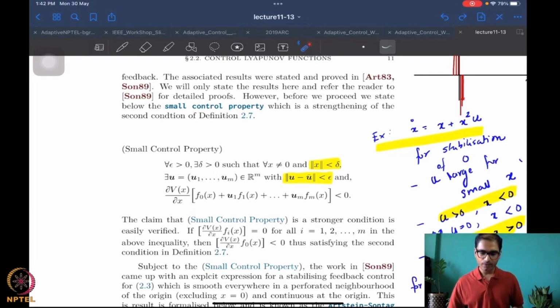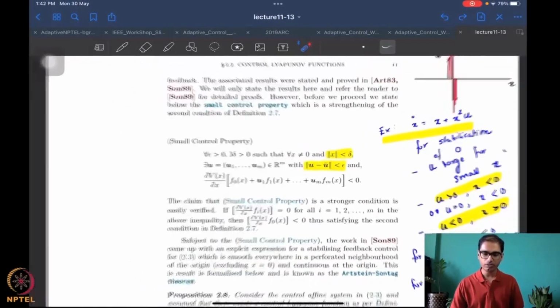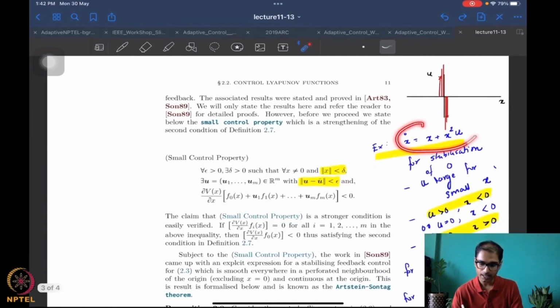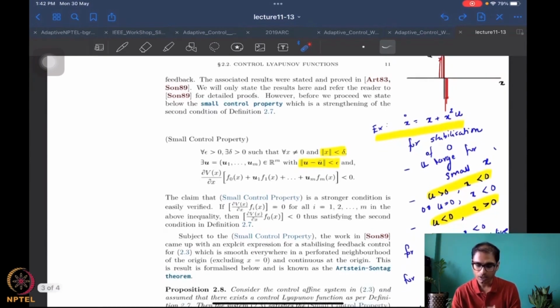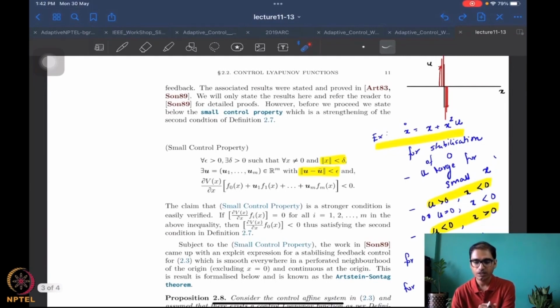Okay, so just to give an example, it is not always possible to have a small control for stabilization. Look at a system like this: x dot is x plus x squared u. If you want to stabilize the origin, what would you have to do?